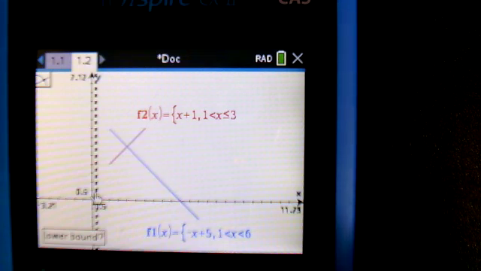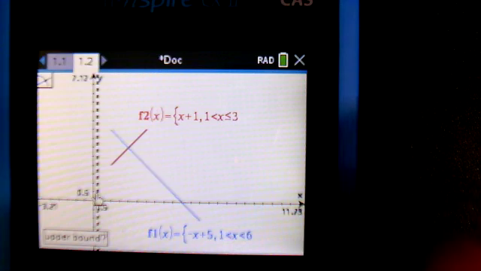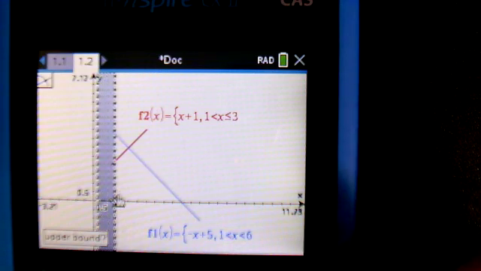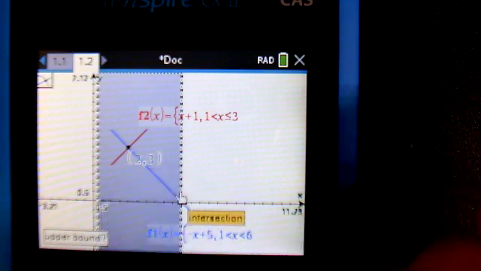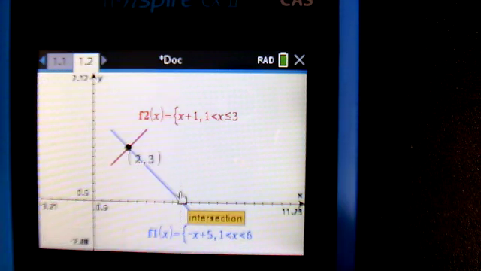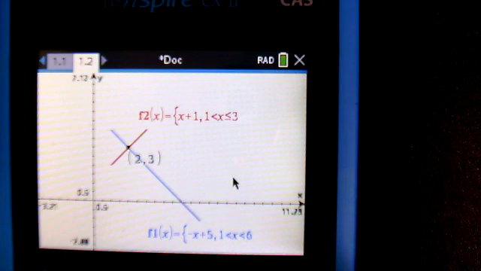I just need to click anywhere to the left, and then it asks for upper bound, which means I have to click somewhere to the right. As soon as I get past the intersection point, it starts to show up. Press enter or click and it'll stamp it onto my graph, and that would be what I have to take a photo of as part of my assignment.